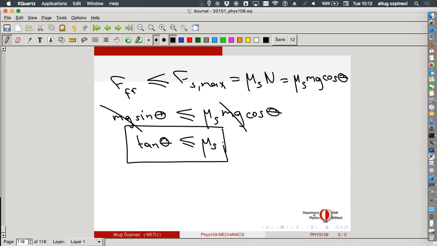So suppose you did this experiment. You just increase the angle until theta became theta max, the angle at which it starts sliding. And then you measure how long it takes to fall down. From that information, you can calculate the kinetic friction. Now let's see how they will be related.